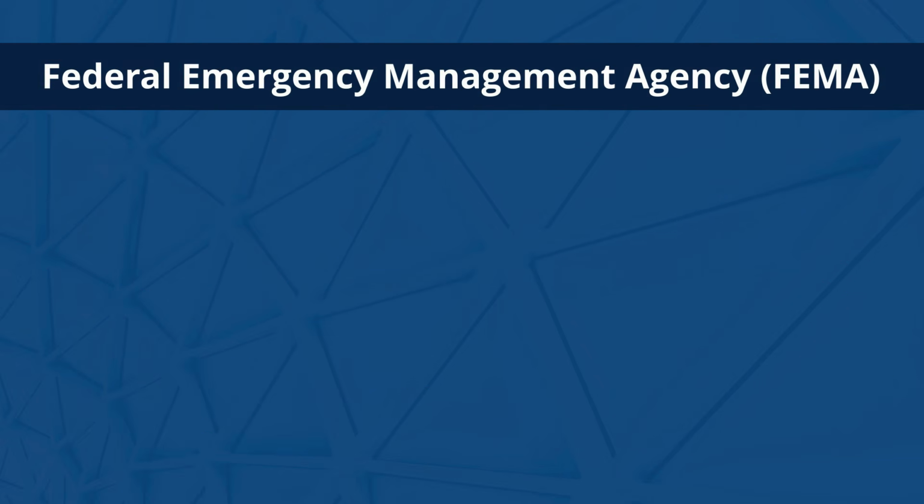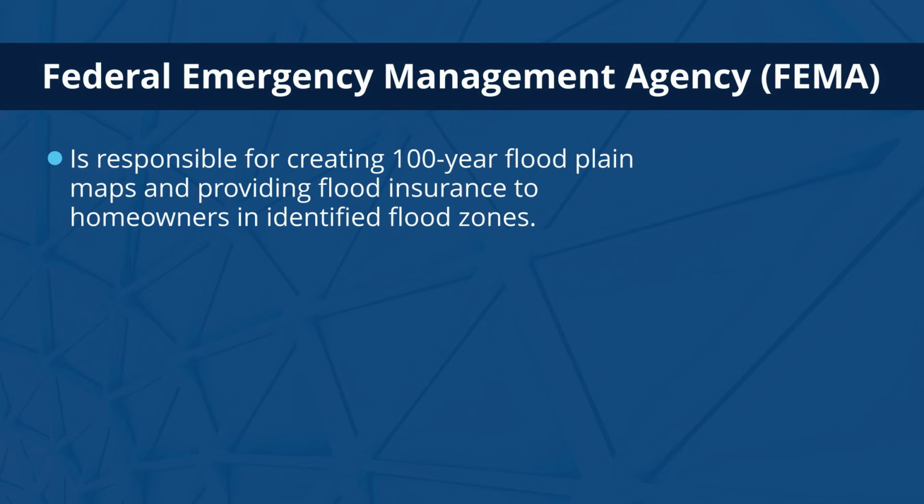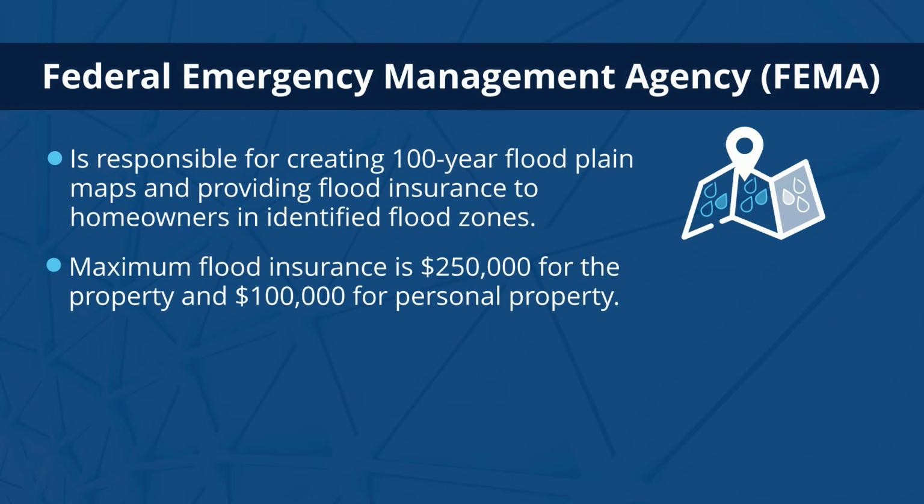The Federal Emergency Management Agency, or FEMA, is responsible for creating 100-year floodplain maps and providing flood insurance to homeowners in identified flood zones. Maximum flood insurance is $250,000 for the property and $100,000 for personal property.